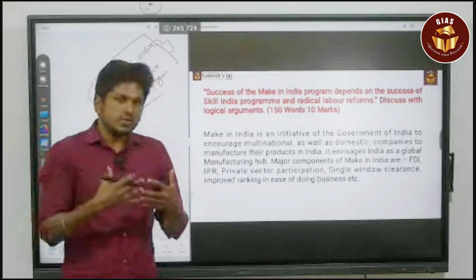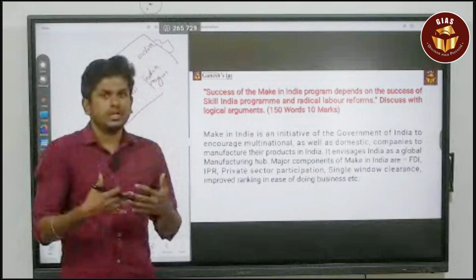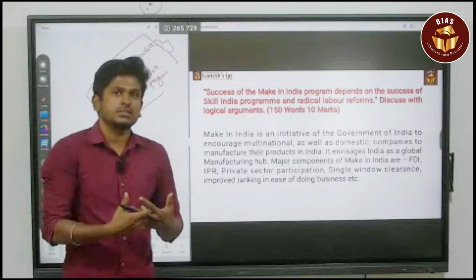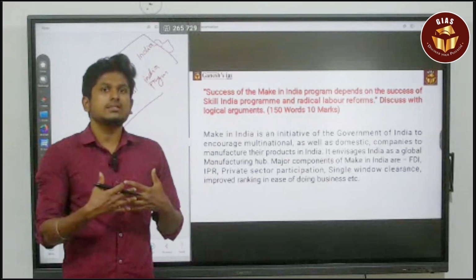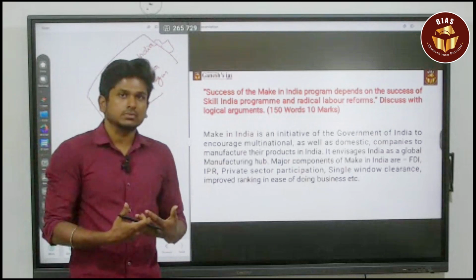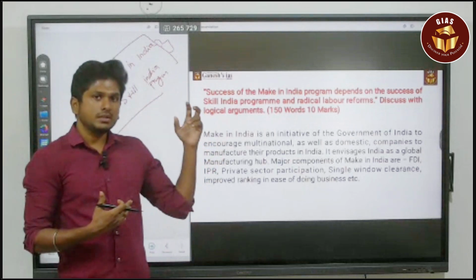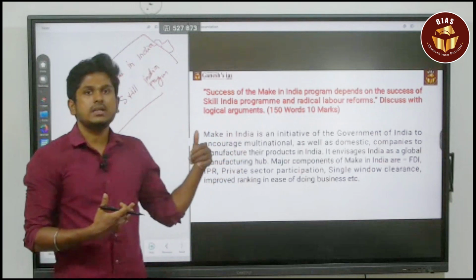Even though you are trying to bring more industries into India, we still need a workforce to work in those industries. So for that, we need to enhance the skill set of India's population. The statement is clearly saying that to make the Make in India program successful, we need to focus on the Skill India program.